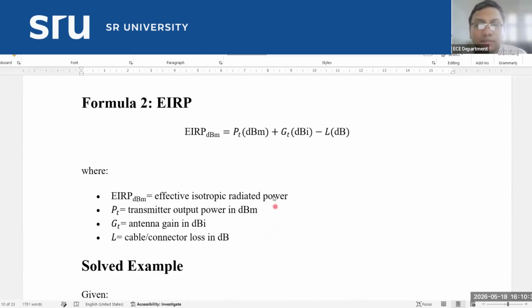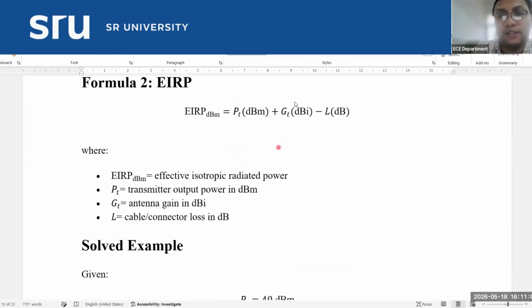Now let us come to a parameter that is related to EIRP, that is effective isotropic radiated power. Effective isotropic radiated power is equal to transmitter output power in dBm plus antenna gain in dBi minus cable or connector loss.